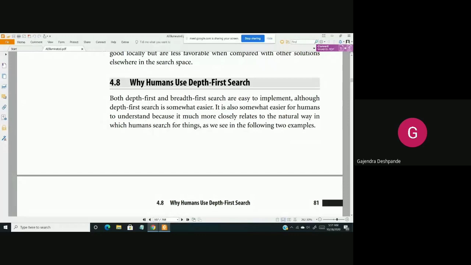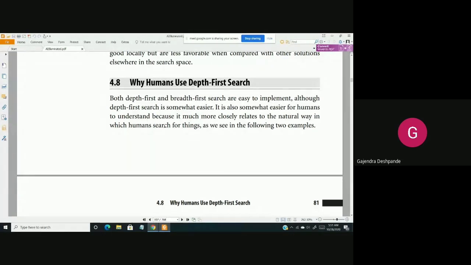For example, cloud computing, we say cloud, right? When we get errors, we say that we have got bugs. Similarly, there are many algorithms which are inspired by the behaviors of humans, animals, and things in nature. So why humans use depth first is that it is our natural way of searching things.